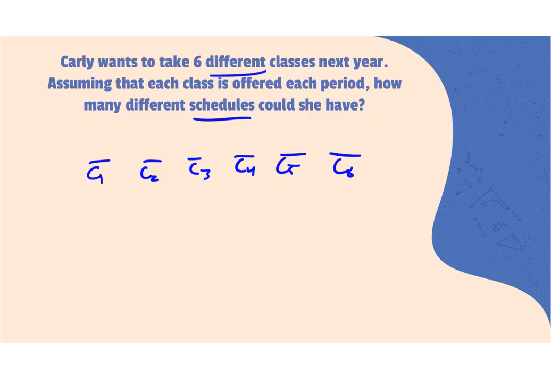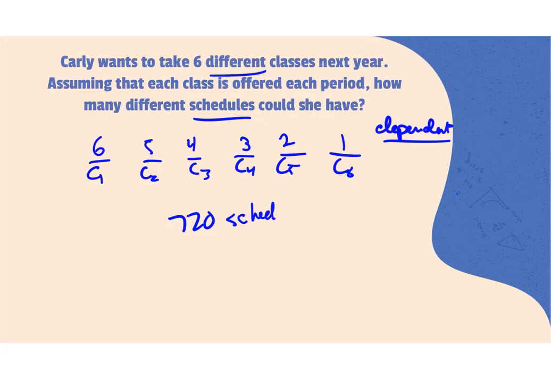She has 6 options for the first one, 5 options for the second one, 4, 3, 2, and 1. This is going to be dependent because once I pick a class, I'm not picking it again. So that's going to be 720 different options.